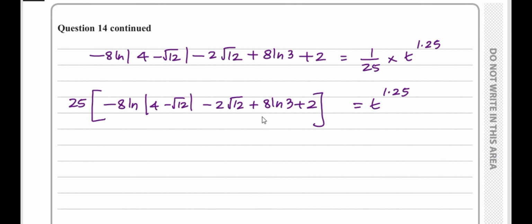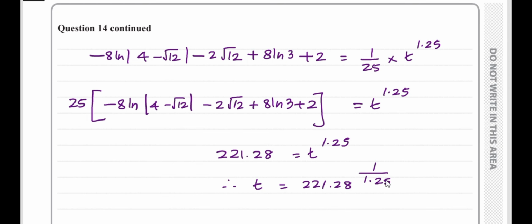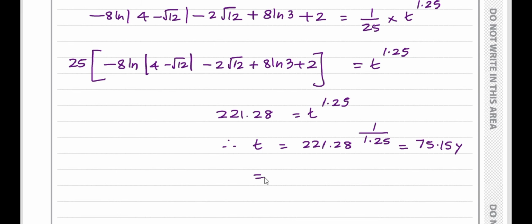Putting this entire left hand side into the calculator, I get 221.28 equals t to the power of 1.25. Therefore, t should be 221.28 to the power of 1 over 1.25. That is, take the 1.25th root of 221.28, and that is 75.15 years, which can be written as 75.2 years.